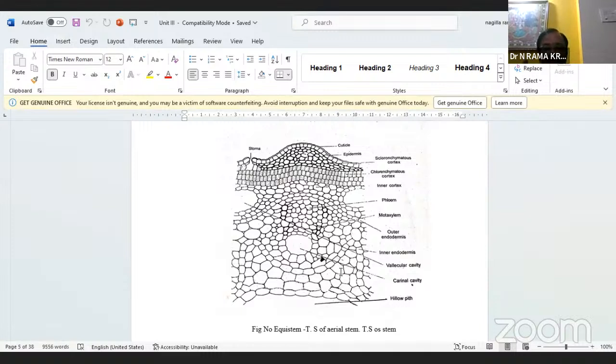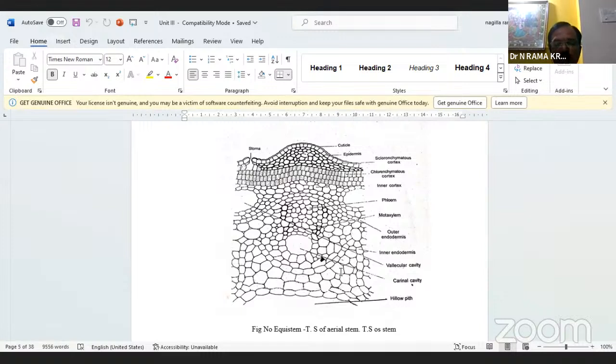Okay, so this is the stele arrangement in the Equisetum plant, and you see when we look at the Equisetum stem, there are some xerophytic characters also. Here you see one point: the xylem is poorly developed, which is a hydrophytic character.